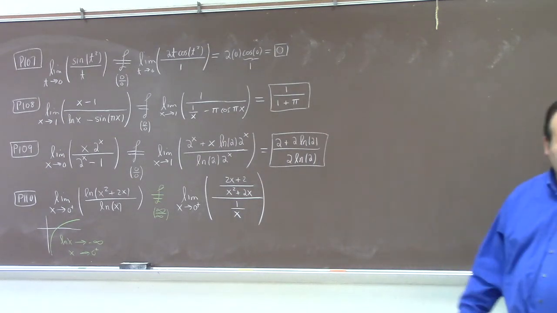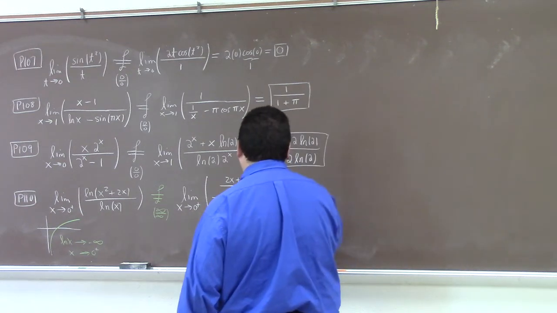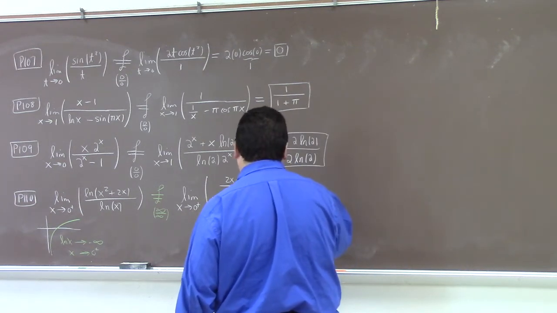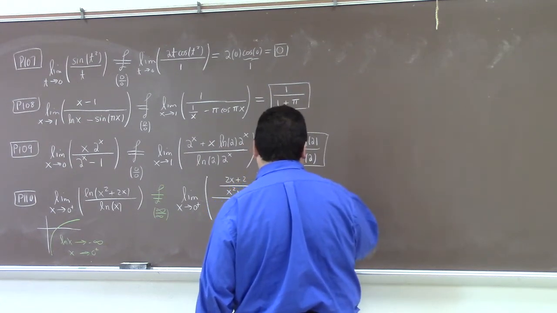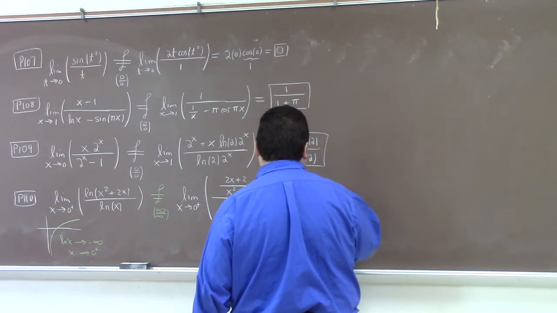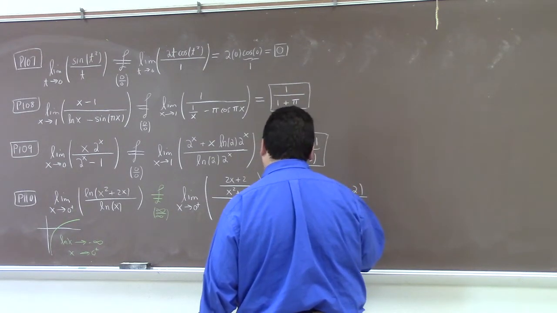Now that's a compound fraction. How do we simplify it into a single nice organized fraction? We just go, okay, so that's x times 2x plus 2 divided by, well, x squared plus 2x times 1.